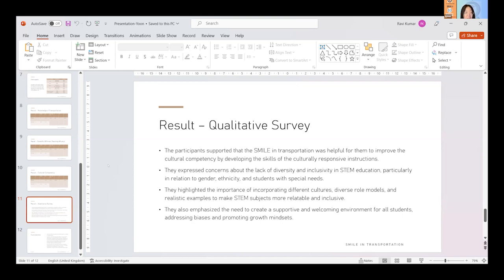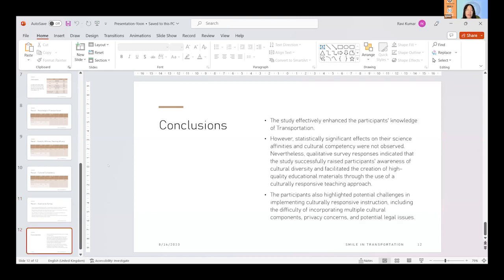They also said there is a need to create a supportive and welcoming environment for all students, addressing biases and promoting growth mindsets. So after this culturally responsive instruction training, the future STEM teachers start to think about diversity and equity in their classrooms.